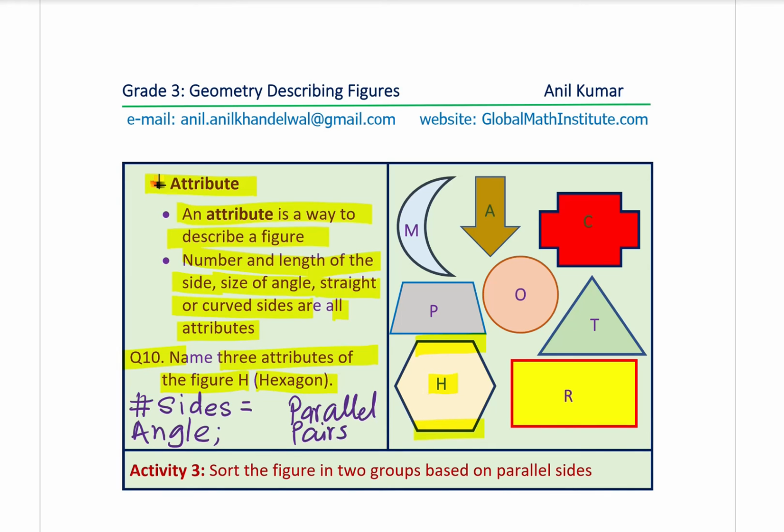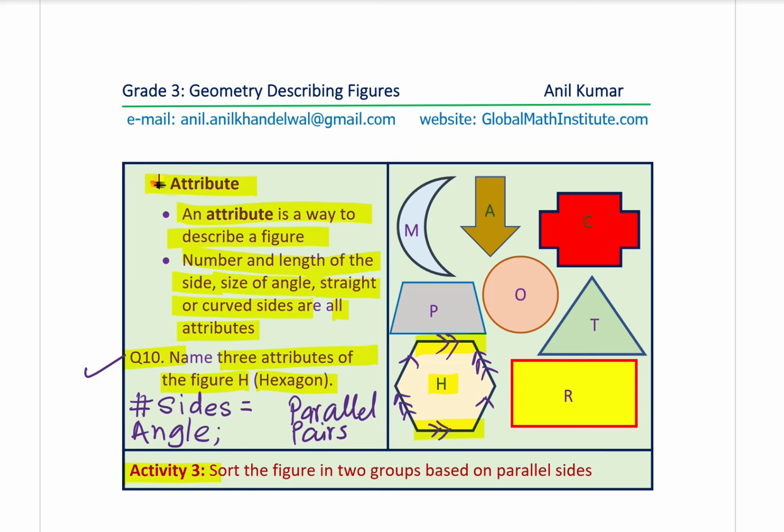So these are the things you could talk about, right? So we have seen that it has three sets of parallel sides, correct? Right. And it has got six sides with obtuse angles, for example, and that should be correct for question number 10.